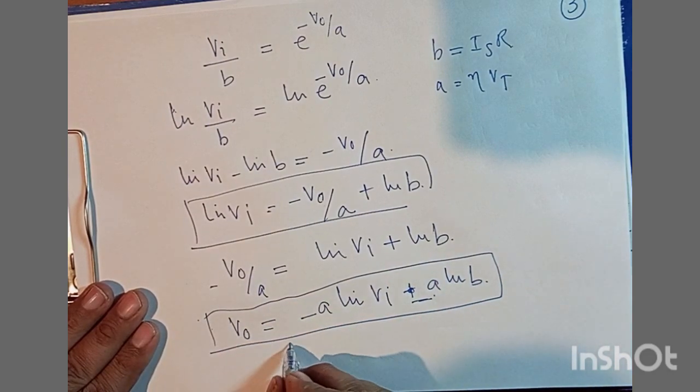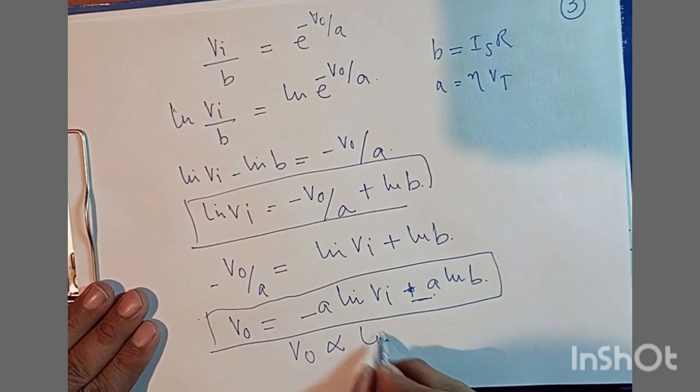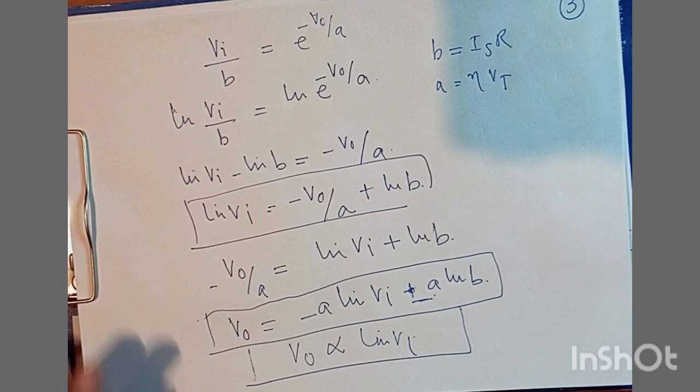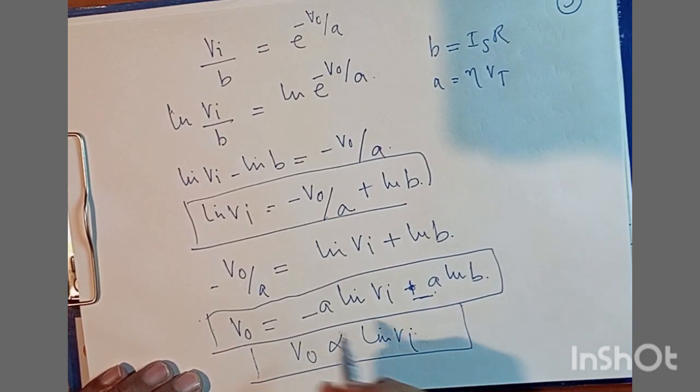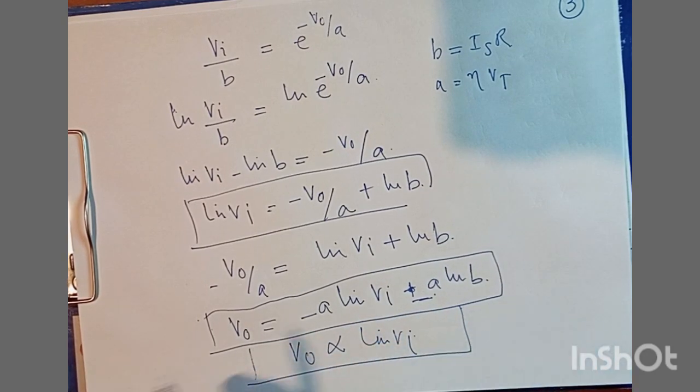Here you can see that V out is proportional to ln of Vi. So this way we can understand that the output that we obtain is the measure of log of the input signal. And the rest of the things in this equation, like A and B, are just numbers. These are the constants. The function over here is Vi.